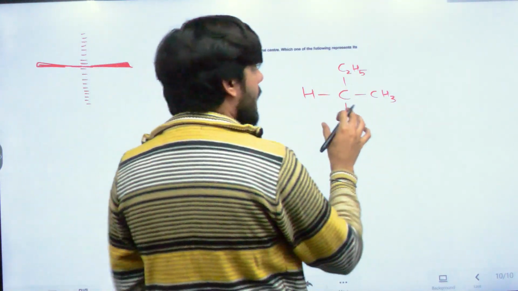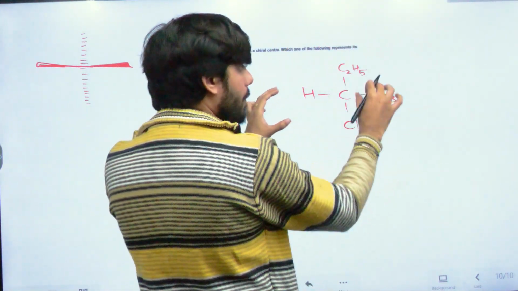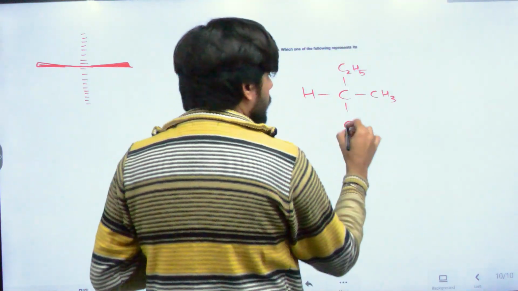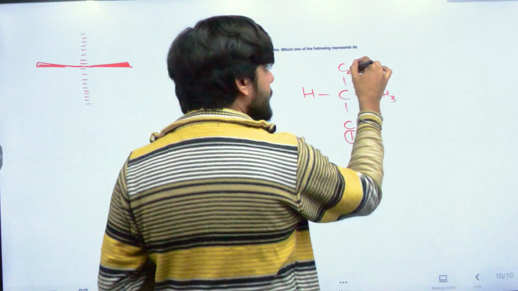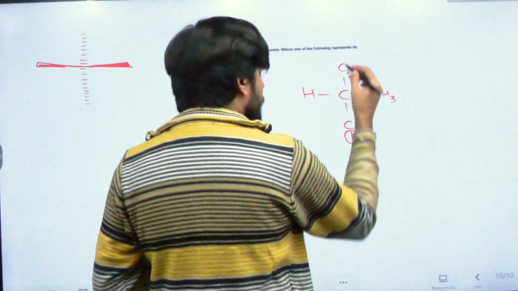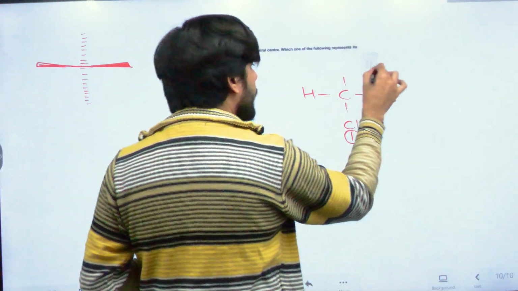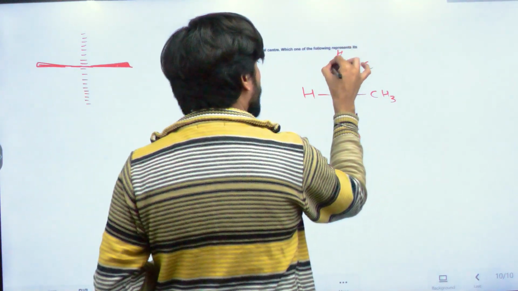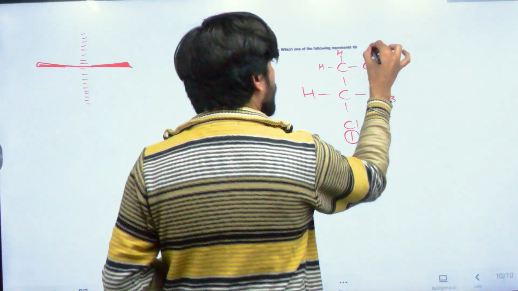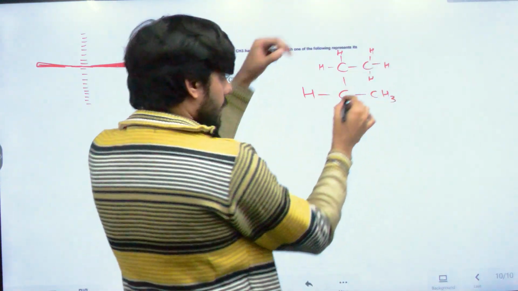We know that Cl has the maximum atomic weight among A, B, C, D. So let us give this number 1. Now then we have C2 and C. So you need to write it in the open form. This is C2H5. This is how I write.